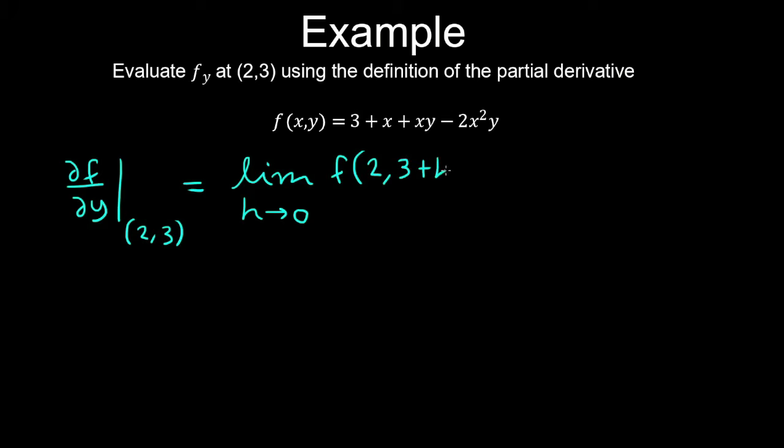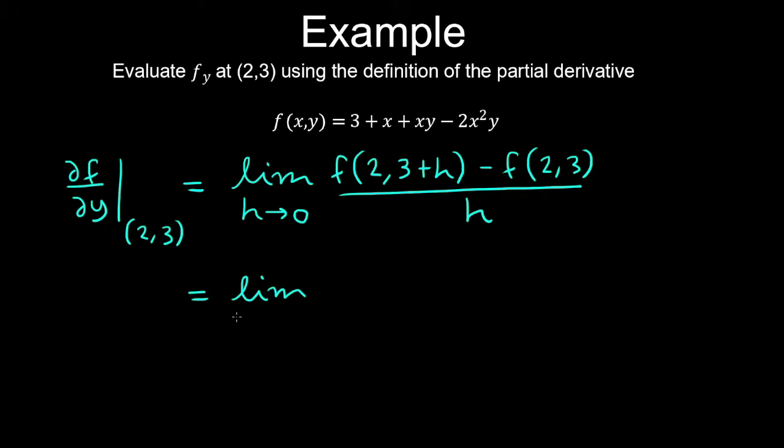So we have 3 plus h minus the function at x equals 2 and y equals 3, over h. So that gives the limit as h approaches 0, and our function here is 3 plus x multiplied by y minus 2 by x squared multiplied by y.